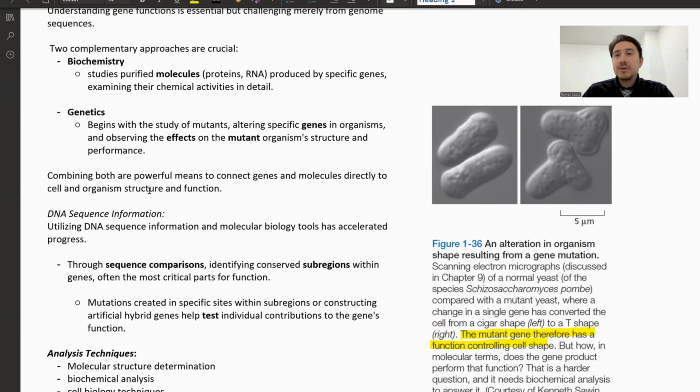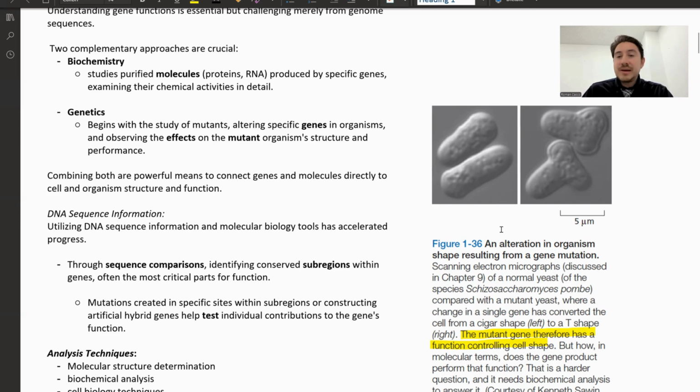Basically comparing altered forms with wild types, the normal forms, and the variants, and so forth. So having these two approaches in mind is a very powerful means to connect genes and molecules to the cell and the whole organism in terms of structure and function.